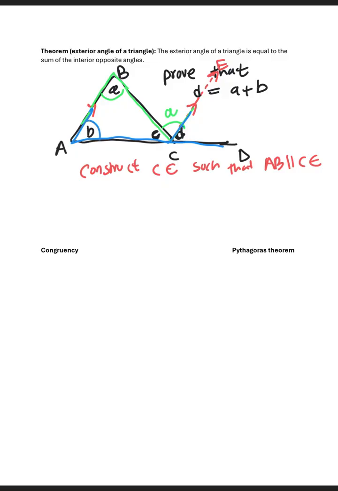It means this angle and this angle are the same, it's B. But the whole angle here is D, right? So it means D is equal to A plus B. Then this is the proof. So we just proved that the exterior angle of a triangle is equal to the sum of the interior opposite angles. So D here is the exterior angle.